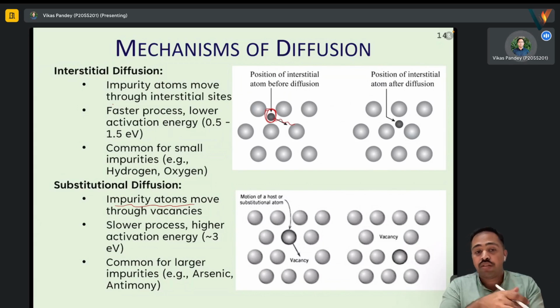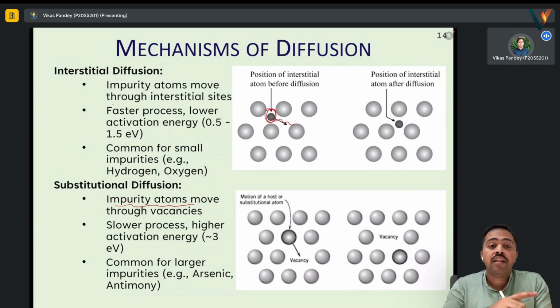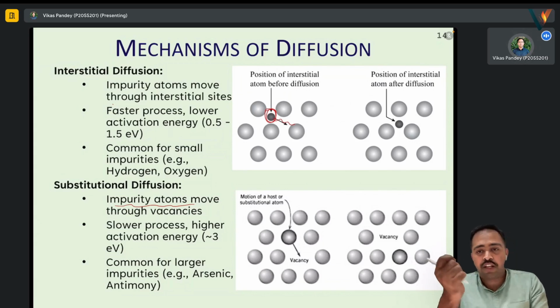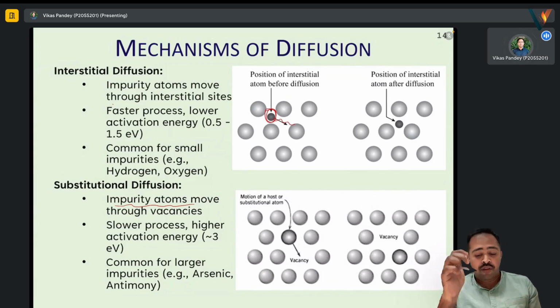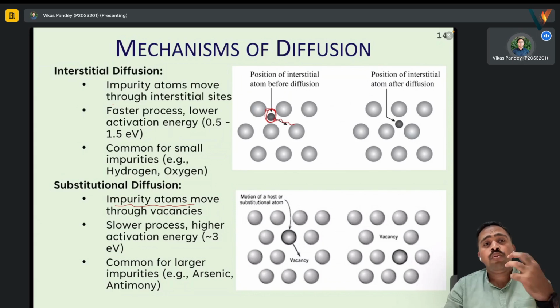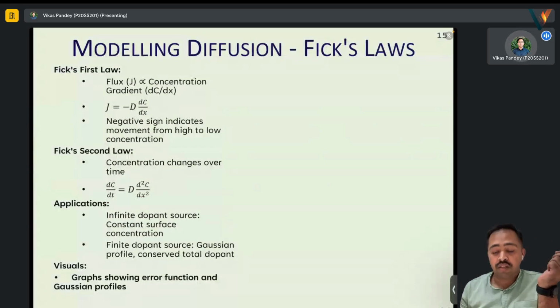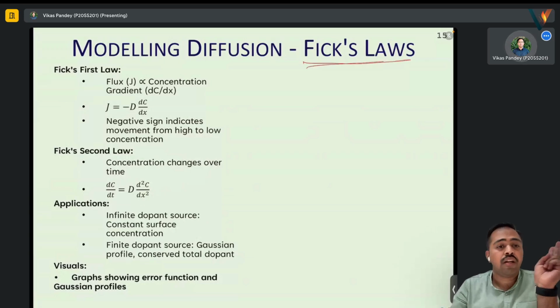It is a slower process, needs higher energy since it has to knock out the previous atom, right? So it is typically in the range of 3 electron volt, and it is common for larger impurities like arsenic and antimony. Okay, so how do we model or estimate the diffusion? It is done using Fick's laws. There are two Fick's laws.